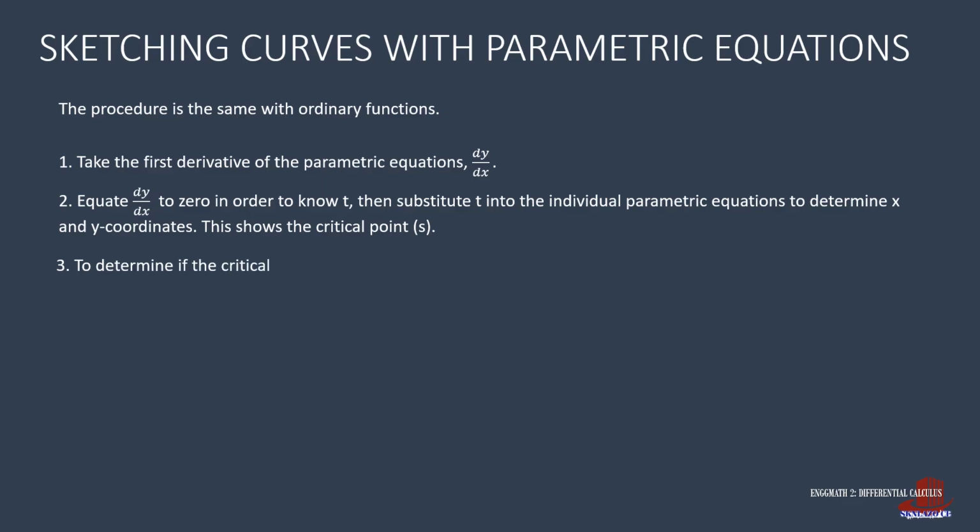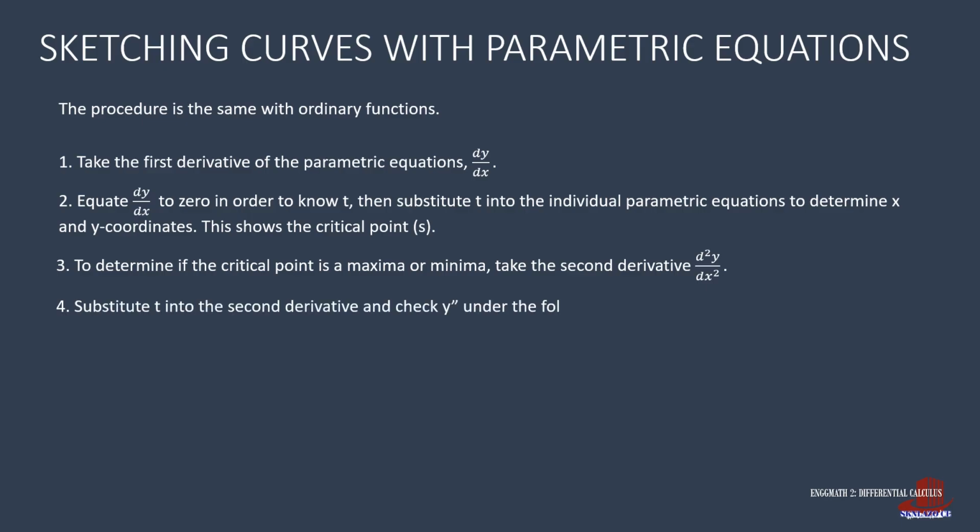After learning the important points, we then distinguish if they are the highest or the lowest extremes on the curve, and that is done by taking the second derivative of y with respect to x, which would be checked with the following conditions. First, if the second derivative is less than 0, or say it is negative, the critical point is a maxima.